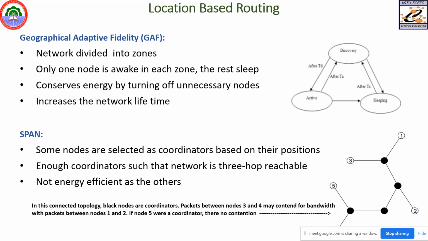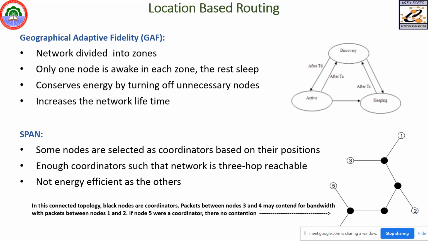The network area is first divided into some number of zones, and after dividing the network into various zones, it will form one virtual grid. Inside each zone, the nodes deployed in that zone work in a collaborative manner with each other to perform various tasks.